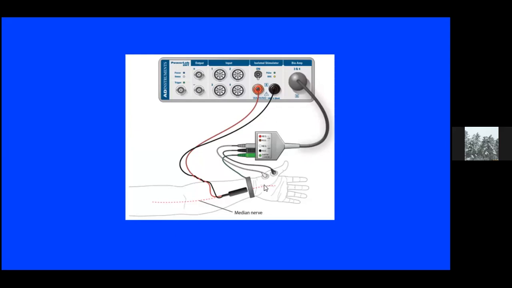So what will happen is, when this electrical current passes through the muscle, some of it will end up getting into one of the electrodes here, and they'll go and feed the PowerLab. And of course, you have to have a recording one. Here again, it will come, and we have one that is picking it up here.